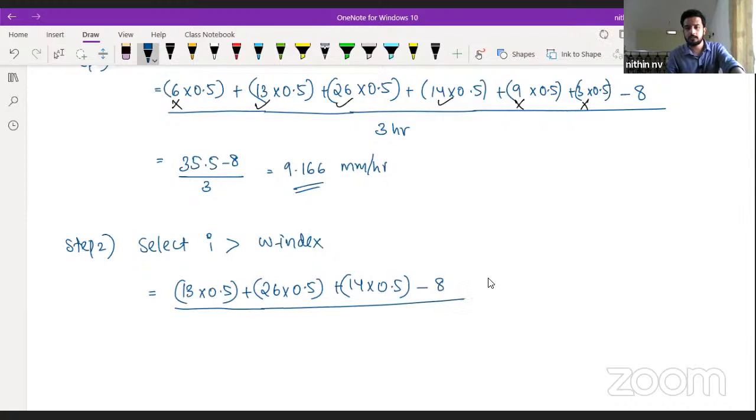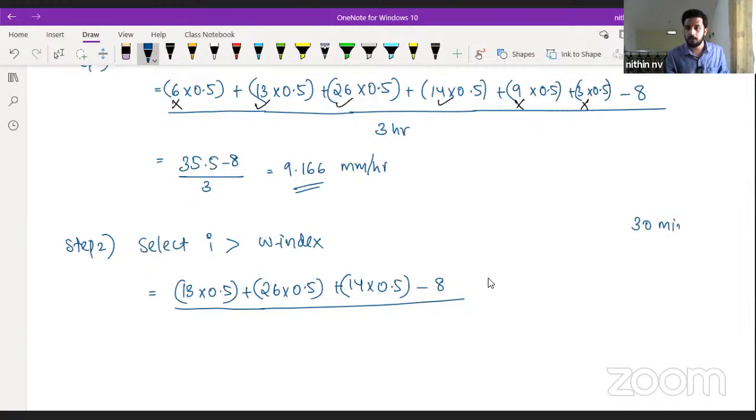Now tell me what the denominator is. How much will this denominator be? Will it be 3? Obviously no. It is 1.5, because whatever time we are taking in the numerator, only these 3 intensities are going to create runoff, so correspondingly 0.5, 0.5, 0.5. Why is this 0.5?